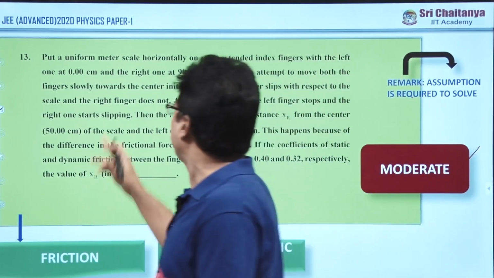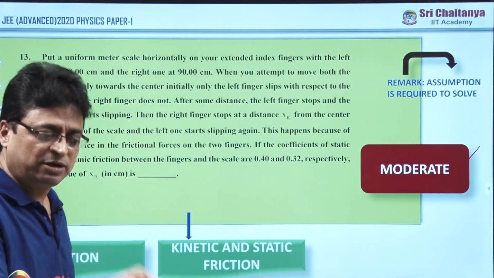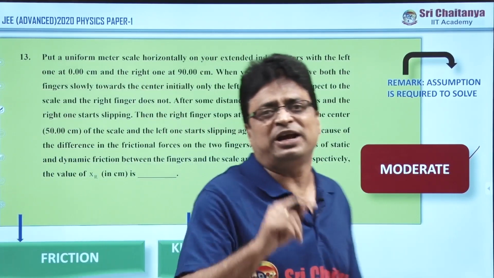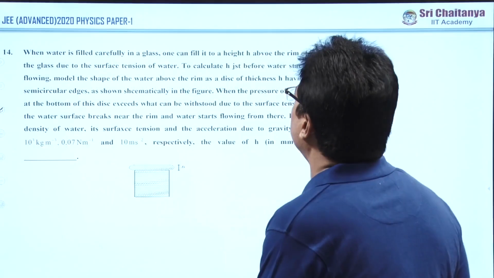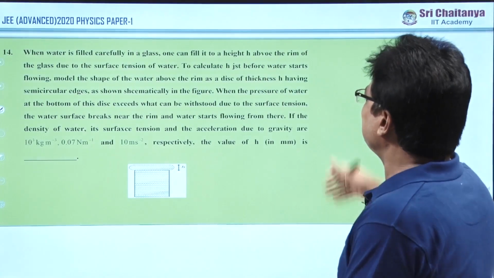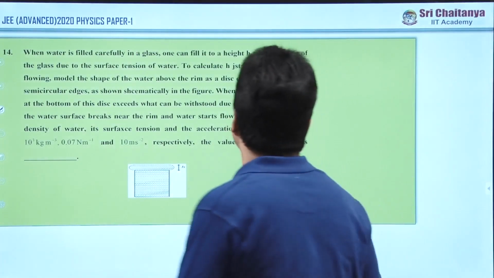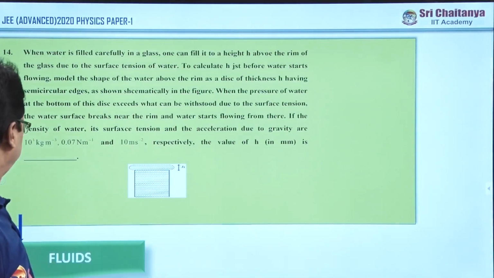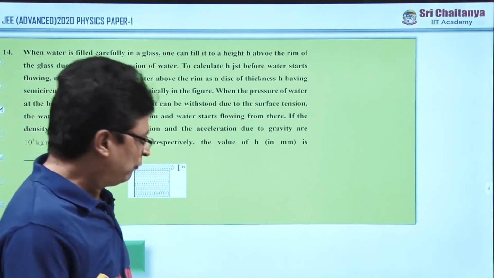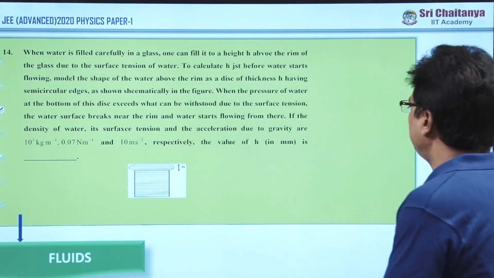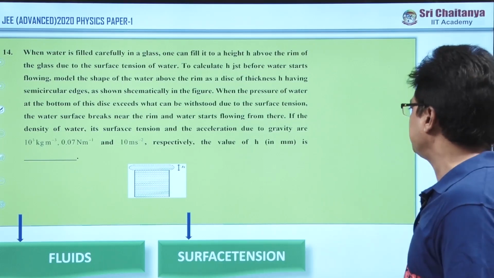This is about question number 1 in 3rd section, numerical value. Now coming to question number 14, and this also looks like a lengthy, paragraph-oriented question, and of course it comes under what? Fluid chapter, and the subtopic given in this chapter was surface tension.